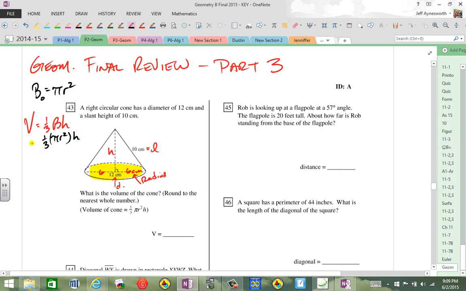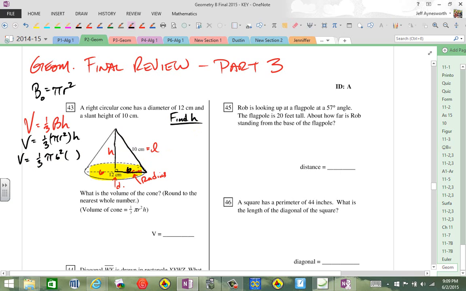So if we're going to find the volume, we've got to take 1/3 of pi times radius, 6 centimeters squared, times the height. Now we don't know the height, so you've got to find the height first before you do anything, because as you can tell, I don't have enough information, right? So what we do is we look at this right triangle. Every cone has a right triangle on the inside of it.